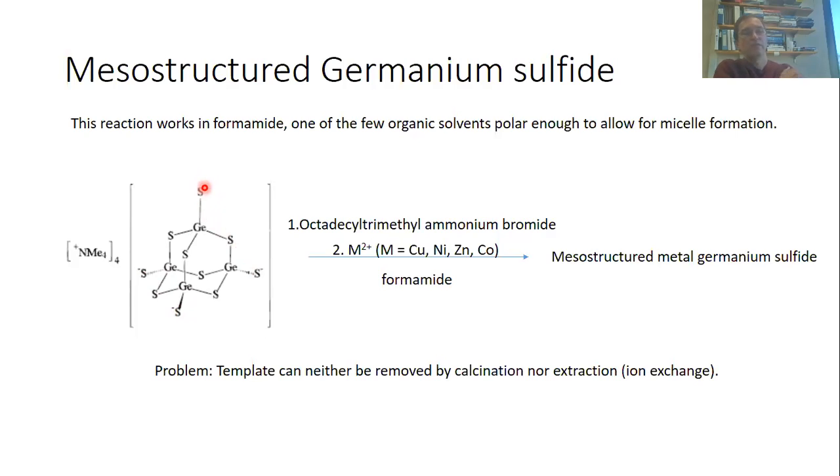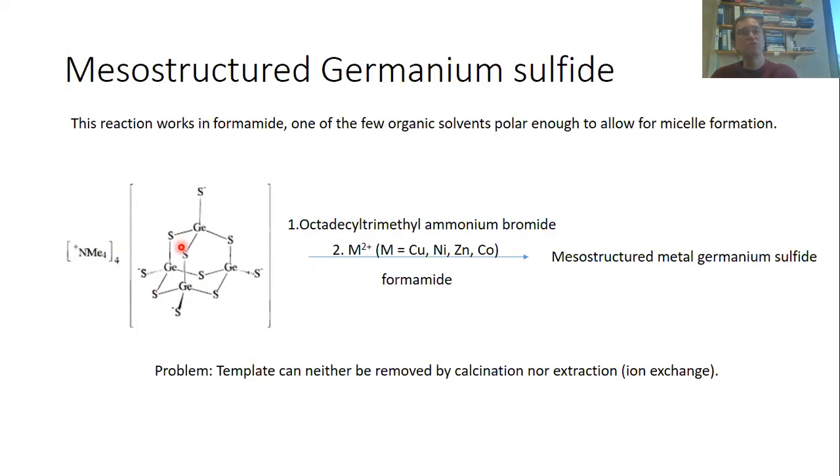So you can dissolve the tetramethyl ammonium salt of this anion in formamide in the presence of a template such as octadecyl trimethyl ammonium bromide. And then these anions here will aggregate in the periphery of these micelles.